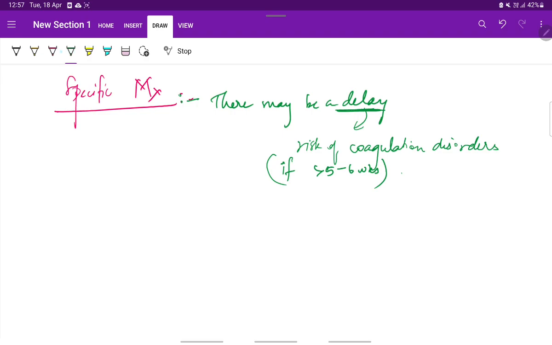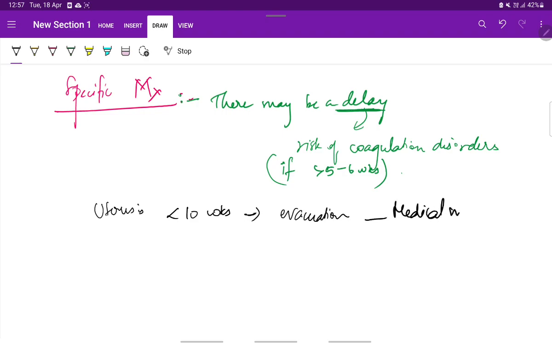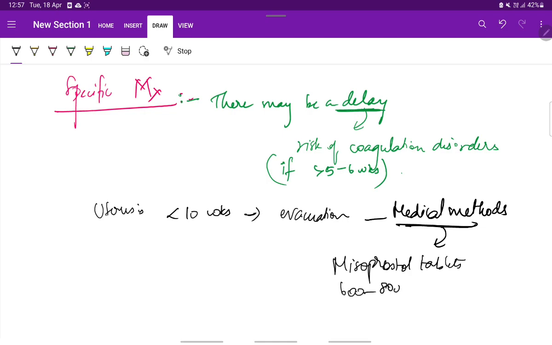Now coming to the management, if the uterus size is less than 10 weeks of gestation, then evacuation can be done using medical methods, like misoprostol tablets (600 to 800 micrograms) inserted vaginally.